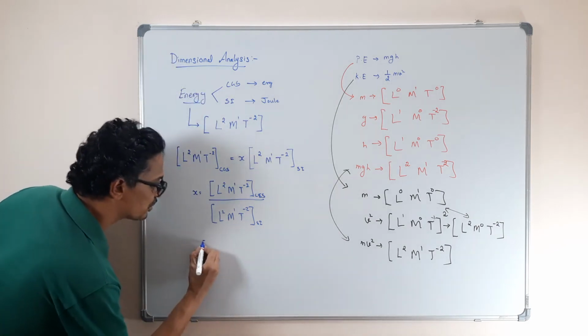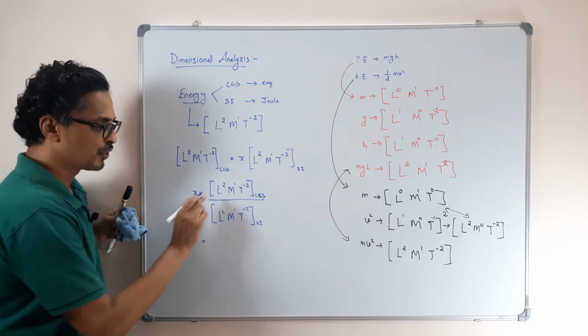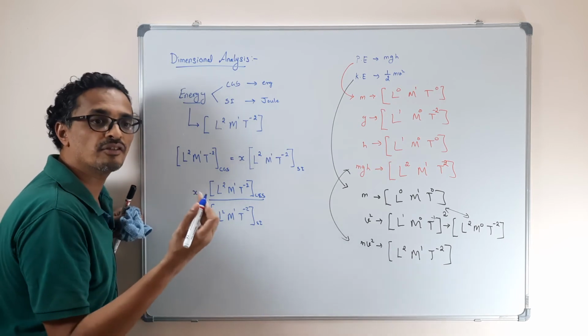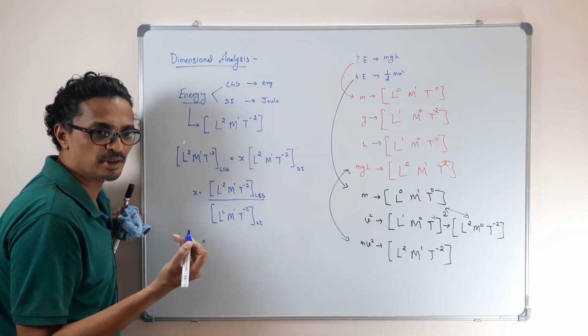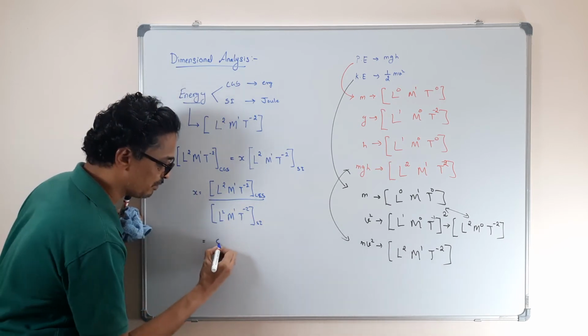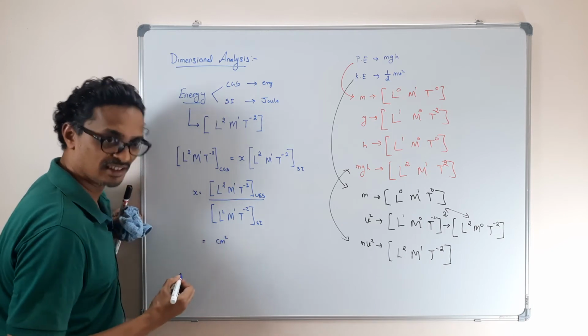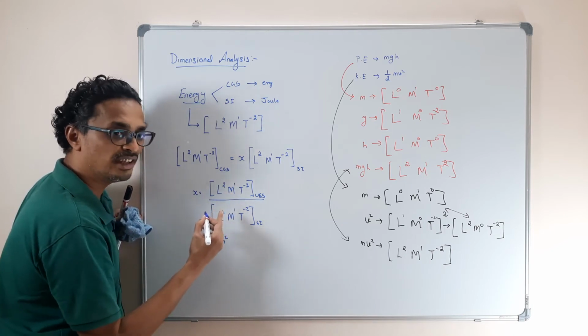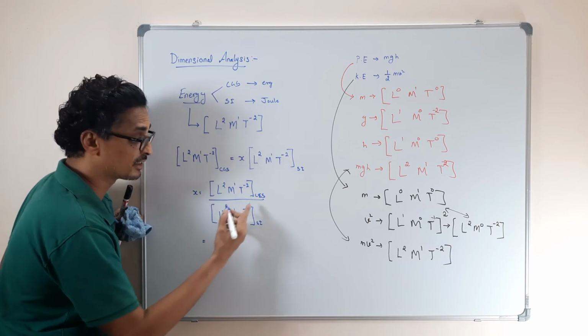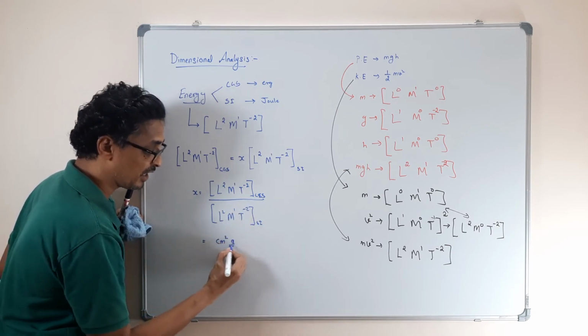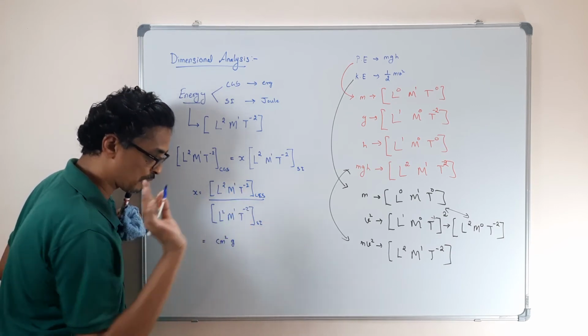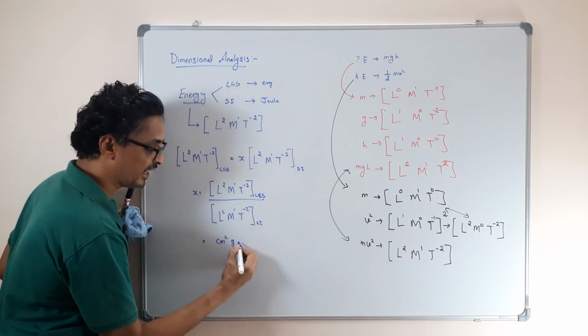In the CGS system, what is L square? How would you measure the length? In centimeter. So this will be centimeter square. Mass will be in gram in CGS. Gram power 1 is 1. And time is again in second square.